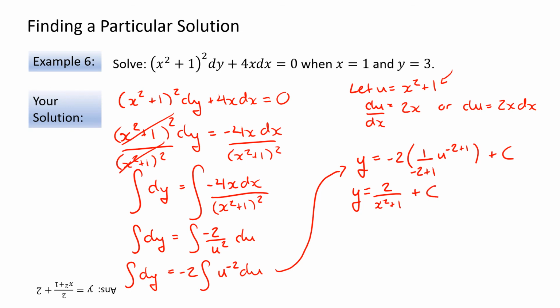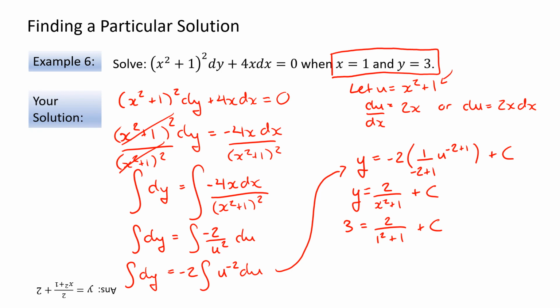So now we can solve for this constant, making this a particular solution, because we're looking for the solution when x and y are known. So x is 1 and y is 3. Substituting those values in, y is equal to 3, and that's equal to 2 divided by 1 squared plus 1, plus a constant.